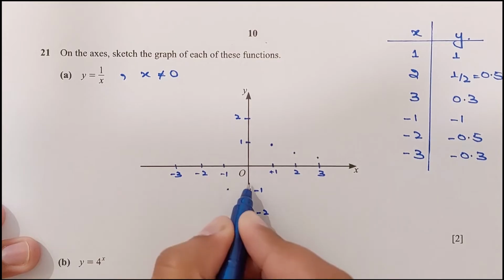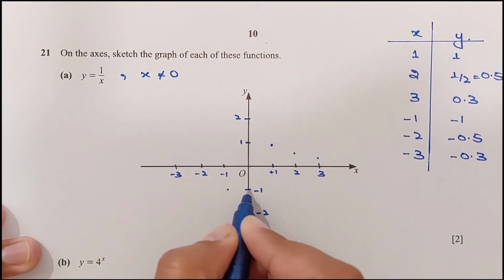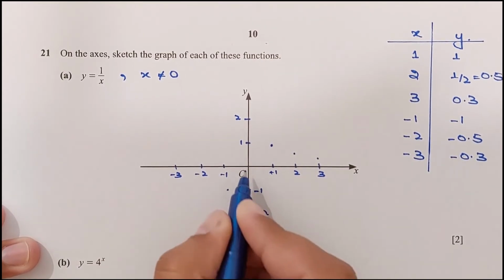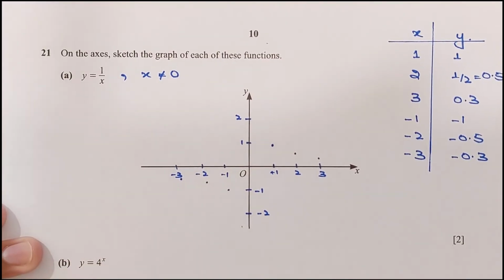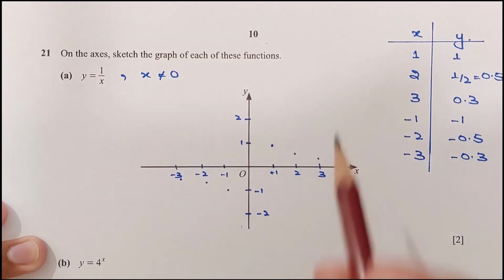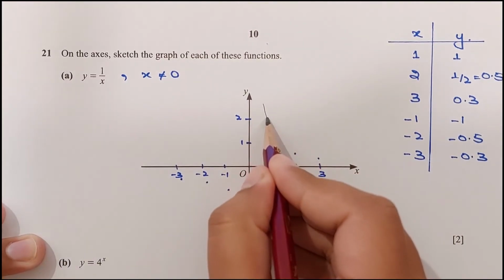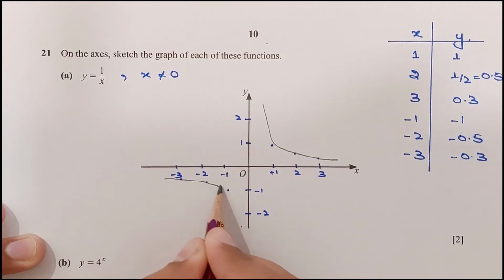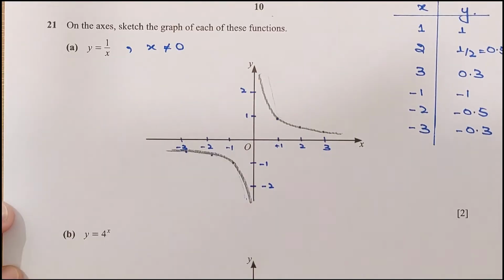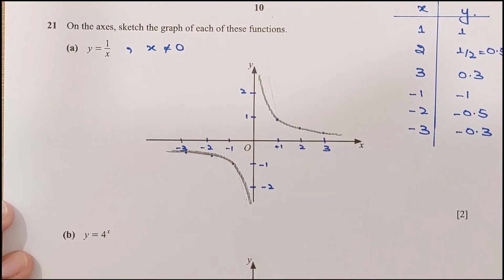For minus 2, it is between minus 1 and 0, that is minus 0.5, and again closer to 0, right? So connecting the points, this is the shape of the curve in the first quadrant and it is in the third quadrant, right? So this is a sketch of the reciprocal function.